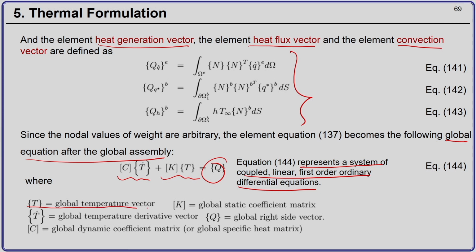T here is the global temperature vector, T dot is the global temperature derivative vector, C is the global dynamic coefficient matrix, the global specific heat matrix, K is the global static coefficient matrix, and Q is the global right hand side vector.